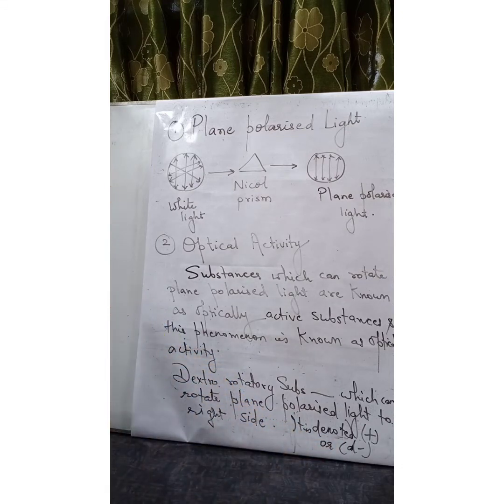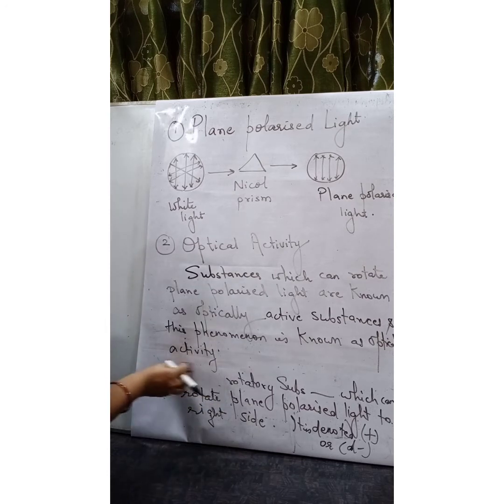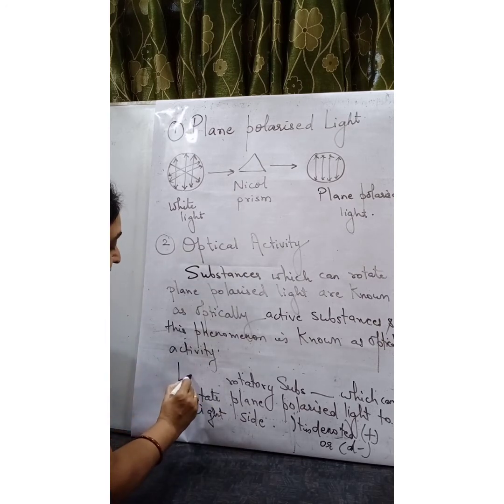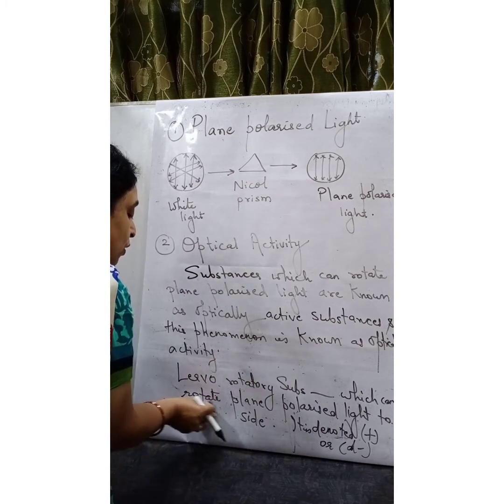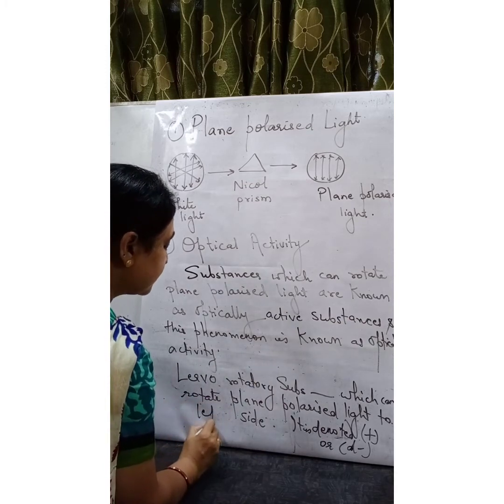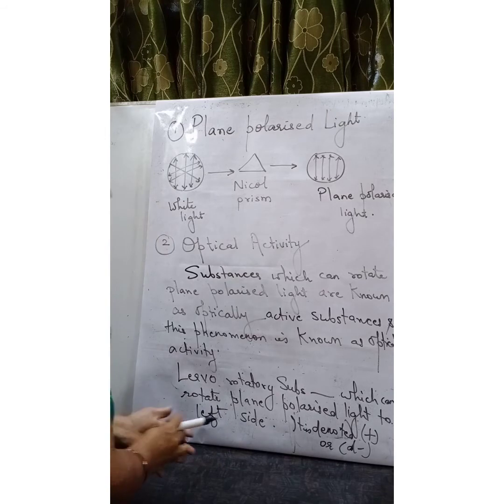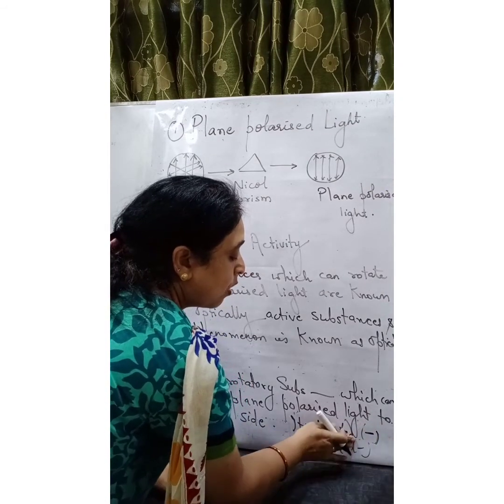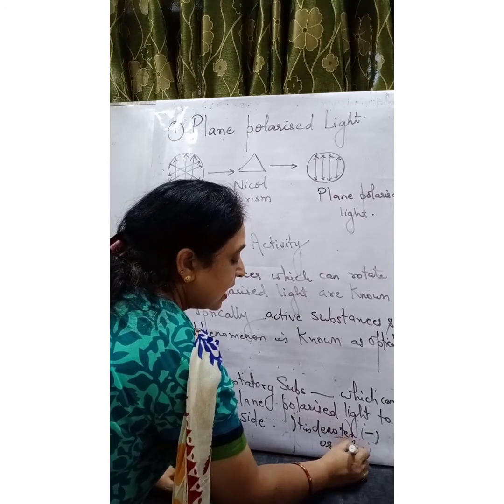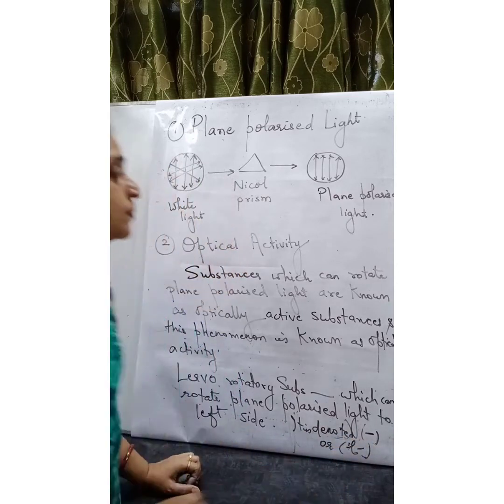Next one is levorotatory substances, L-E-A-V-O, levo, which can rotate plane polarized light to left side. It is denoted by negative sign or L dash.